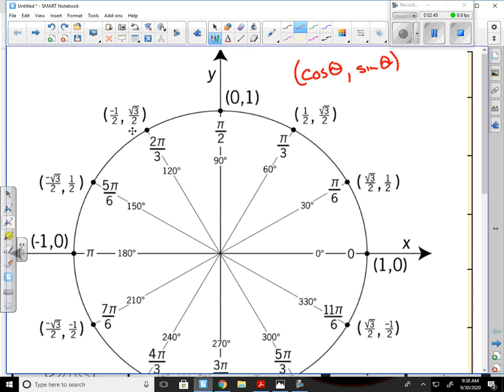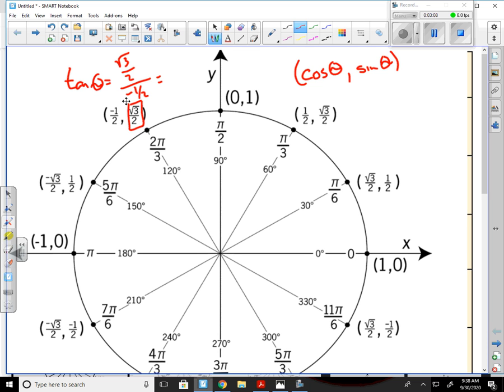Whenever I need to find my tangent, remember that yesterday we also defined the tangent of theta as sine over cosine. So if I needed to find my tangent of 2 pi over 3, I'll take root 3 over 2 over the cosine, which is -1/2. But I don't know how to divide fractions.